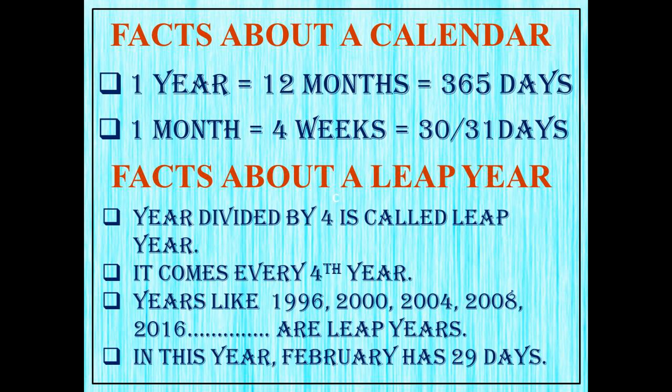Now, as I told you before, February has 28 days, but in a leap year, February has 29 days. So because of 1 more day in February, the leap year gets 366 days.